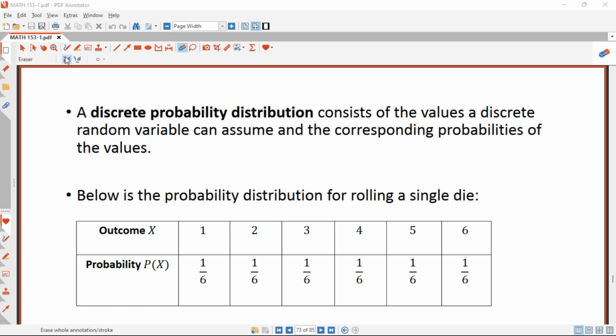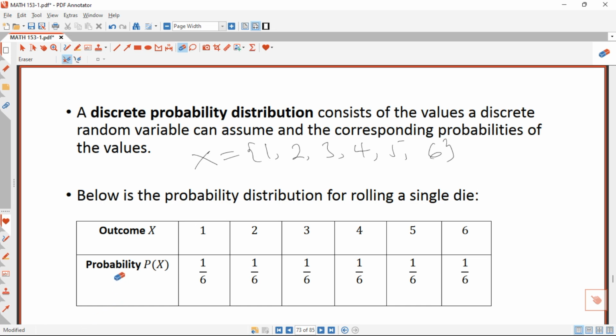When you roll a single die, our random variable X will be 1, 2, 3, 4, 5, 6. This X is the random variable, the outcome.